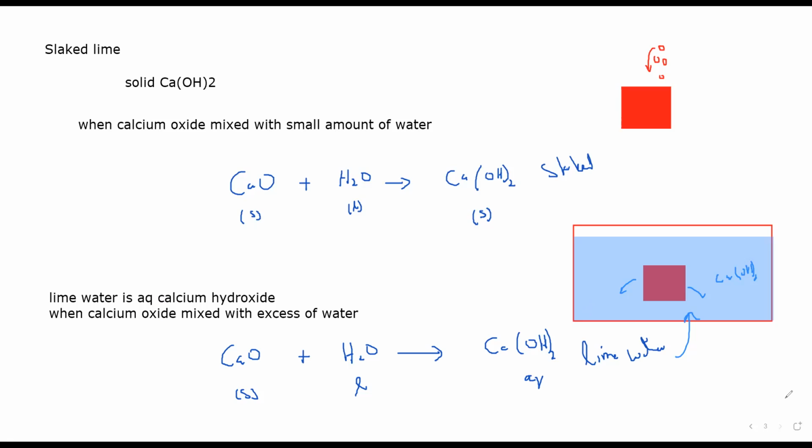And how does lime water turn milky when tested with carbon dioxide? Or why will the lime water turn milky when tested with carbon dioxide?